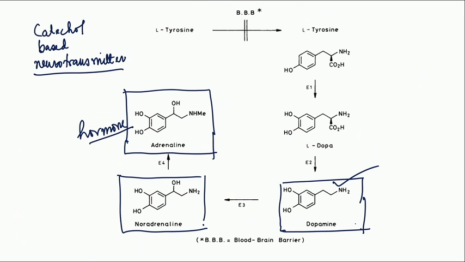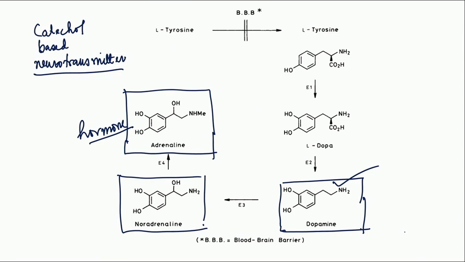Once you know the biosynthesis, there is the question of intervening in the process of production or destruction of these neurotransmitters. Because the disease is basically a disbalance between the destruction and the formation.